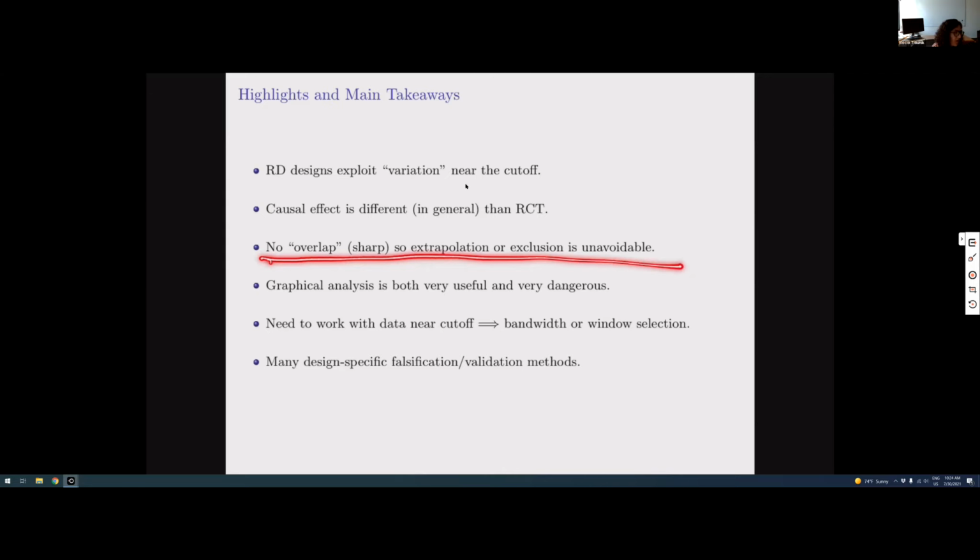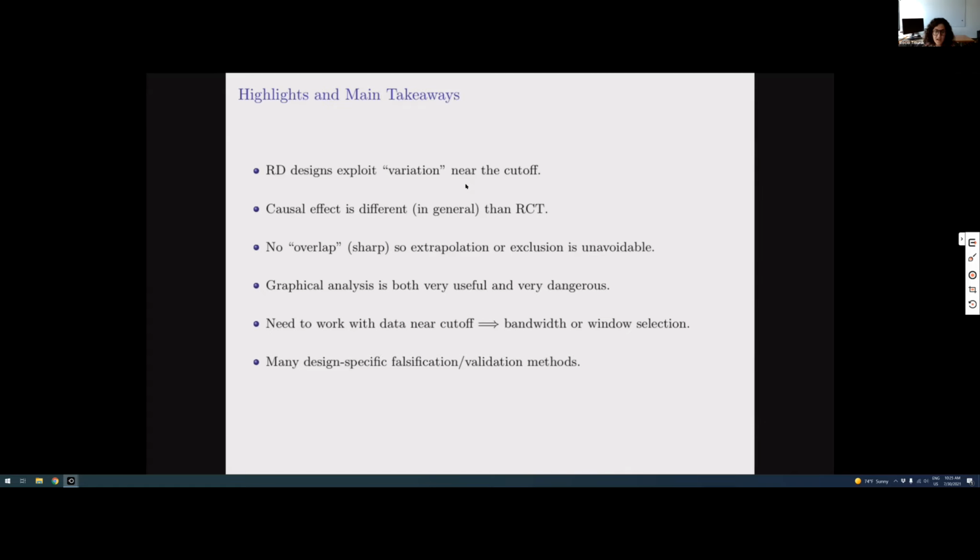There is no overlap, right? Think about a sharp design, perfect compliance: every unit that is treated has a value of the score that is higher by definition than every unit that is control. There's a lack of overlap in this very important covariate.